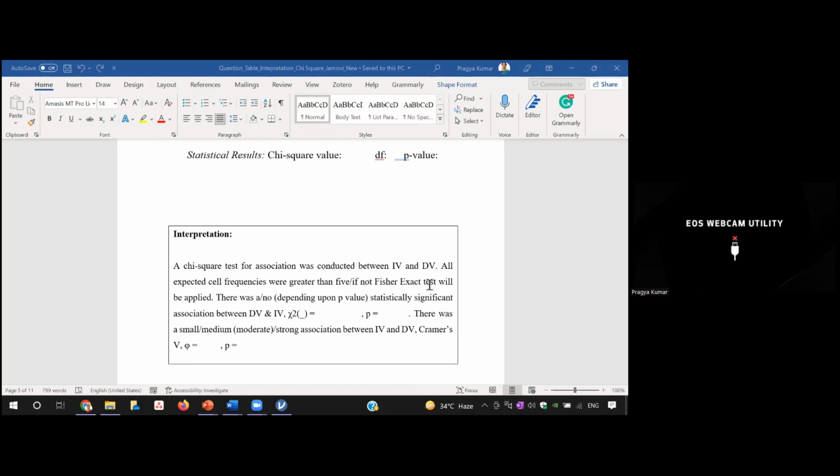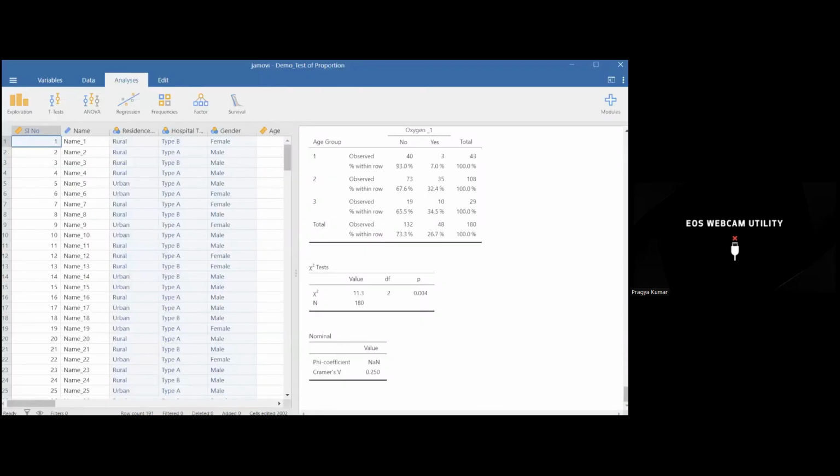Then again, for the age group, it depends on the number of variables, whether it is 2 or more than 2, and depending on that, we may have the contingency table, and similarly, we may write our interpretation. So going back again to the JAMOVI interface, the other one was a 3x3 category, with the oxygen requirement and the number of comorbidities.